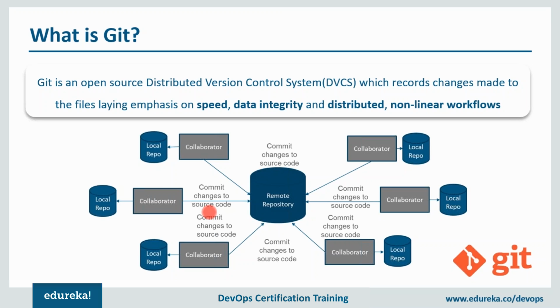In the local repository, you're the only person who has access. So the changes that you've made in the local repository are only seen by you. Until and unless you push it to the remote repository, nobody else can see it. But since all of you are connected over a network, you might take advice from your fellow collaborators, but you cannot show your commits directly to them without committing to the remote repository.